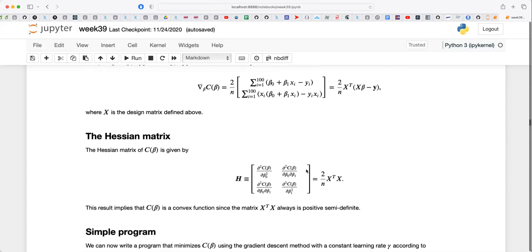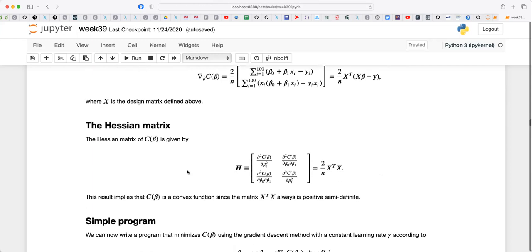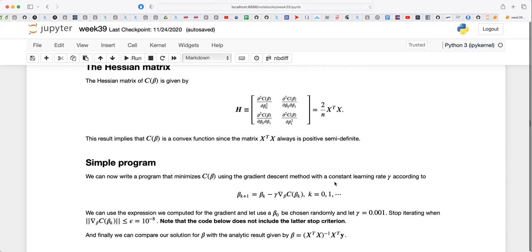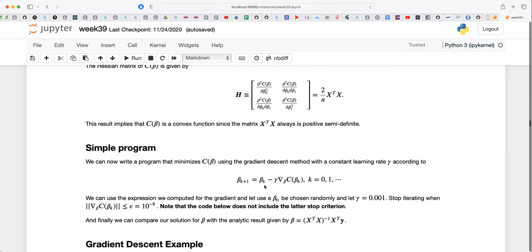One thing I can do here is actually to calculate the Hessian matrix, because that is simply the second derivative with respect to beta 0, and then I have the cross terms. So this is essentially my Jacobian. I have my cross terms here, and then the final one for beta 1. Then I get this expression here, which we have derived earlier. Then we can set up a simple program where we simply iterate beta 0 and beta 1 for a given number of iterations.